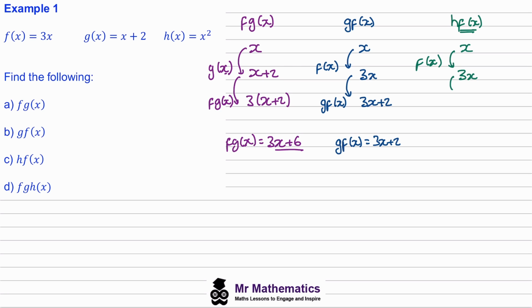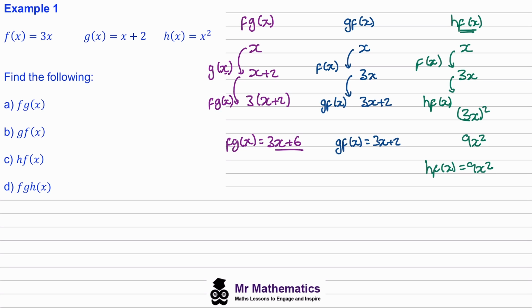And then we apply h of x. So we substitute this term into this x, and we get 3x all squared, or 9x squared. So hf of x would be 9x squared.